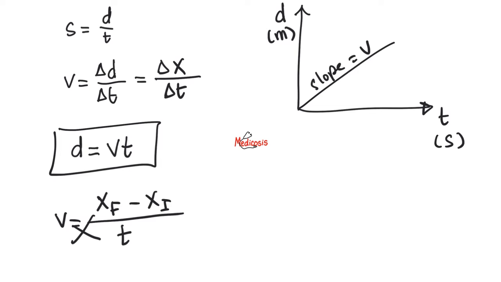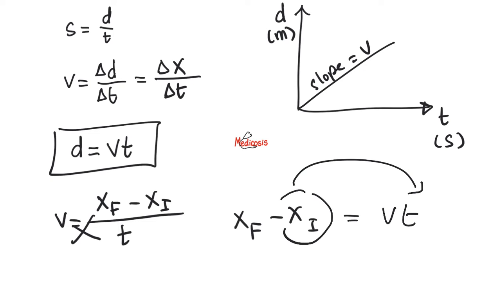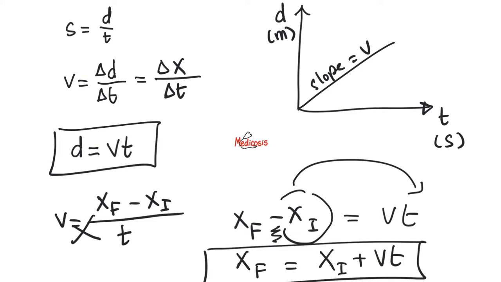Cross multiplication, and you have the final position minus the initial position equals v times t. We can kick the gluteus maximus to the other side by changing the sign into positive, so we have the final position equals the initial position plus v times t. And this is another equation that you can derive from this nonsense.